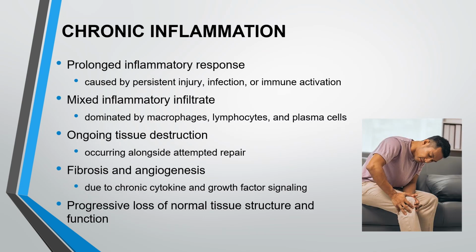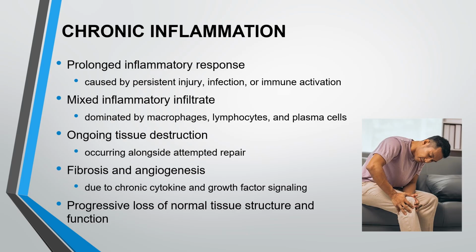This slide is chronic inflammation in one sentence: damage and repair happening at the same time and neither one winning. Chronic inflammation happens when injury persists, the infection isn't cleared, or the immune system won't shut off. Instead of neutrophils, we now see a mixed infiltrate dominated by macrophages, lymphocytes, and plasma cells.